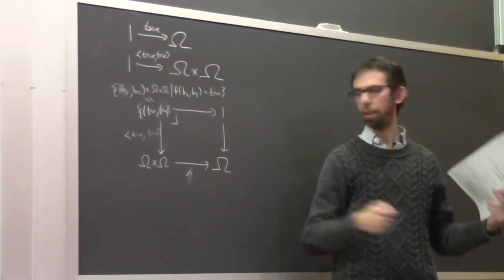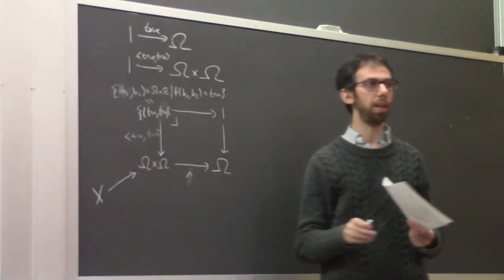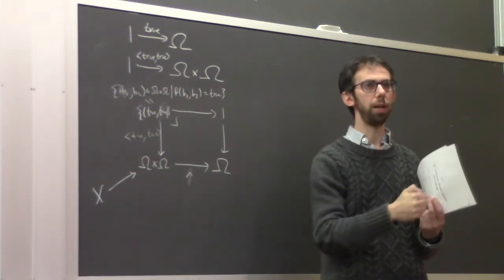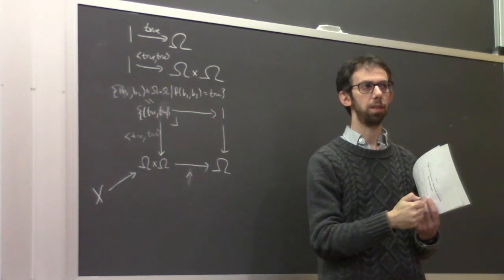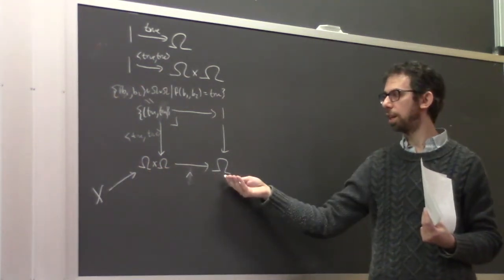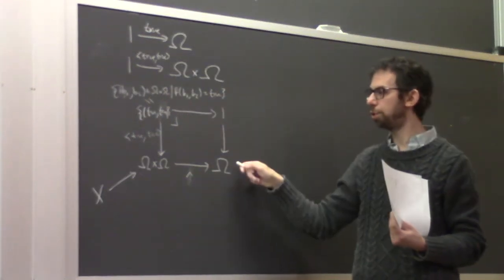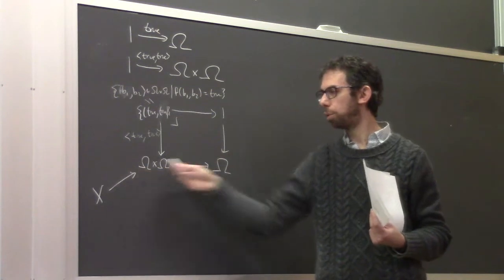If I had some x, and I had a map to omega times omega, it's like I gave myself two truth values for every element of x. And if I want that when I go across this thing, I get to true, that would be saying that both of those things are true.